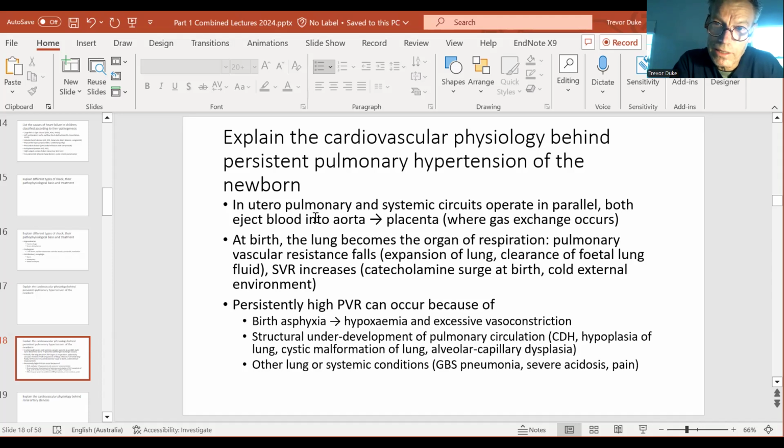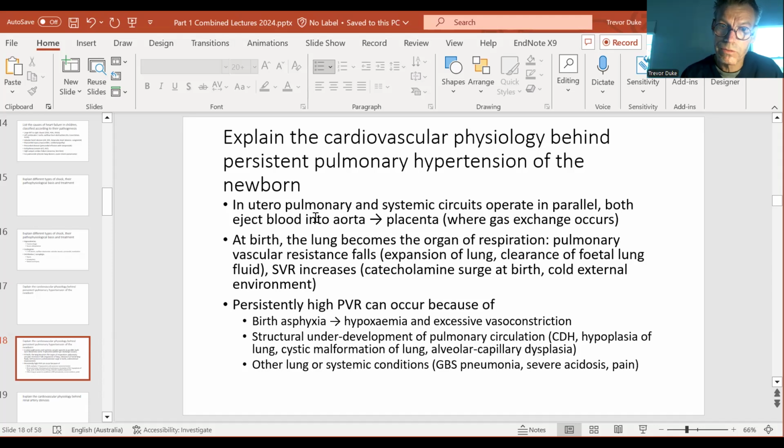That happens because of expansion of the lungs at the time of birth, the clearance of fetal lung fluid, the amniotic fluid that's accumulated in utero. And because of that, pulmonary vascular resistance drops. Now, in utero, the pulmonary vascular resistance and the systemic vascular resistance are the same, and that enables the circulation of blood mostly to the placenta.